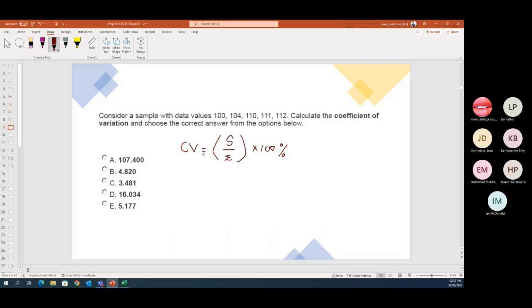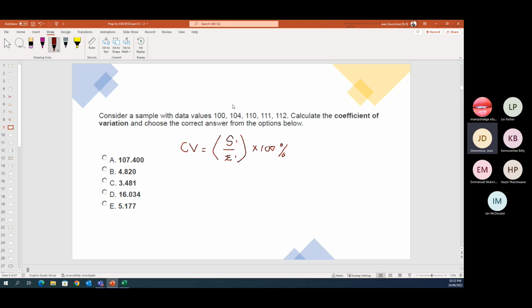Sometimes they can give you, say, the standard deviation, because if you now look at this, we basically don't have that or that. So we need to calculate this.